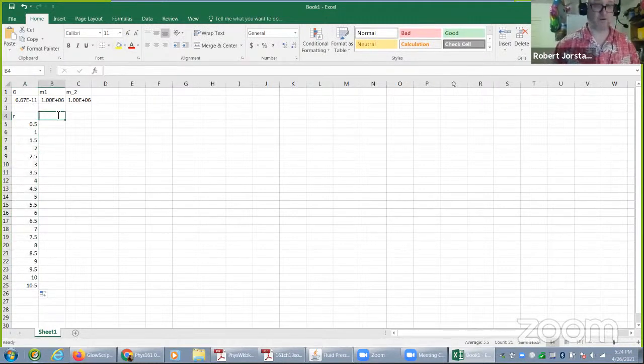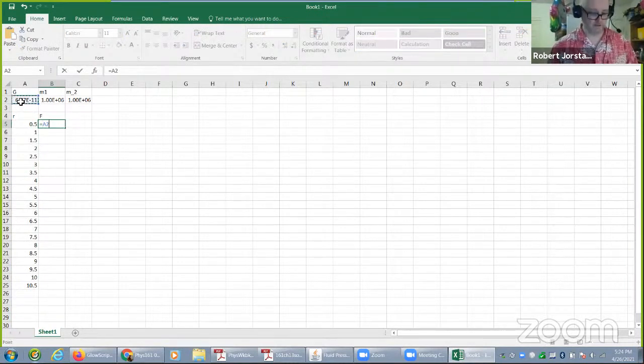All right, and let's get the force magnitude, equal to G, a constant, times M1, that's a constant, times the next mass, M2, that's a constant.